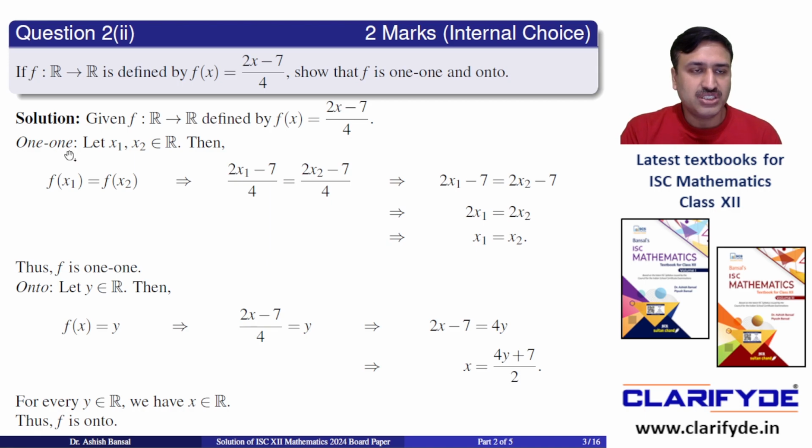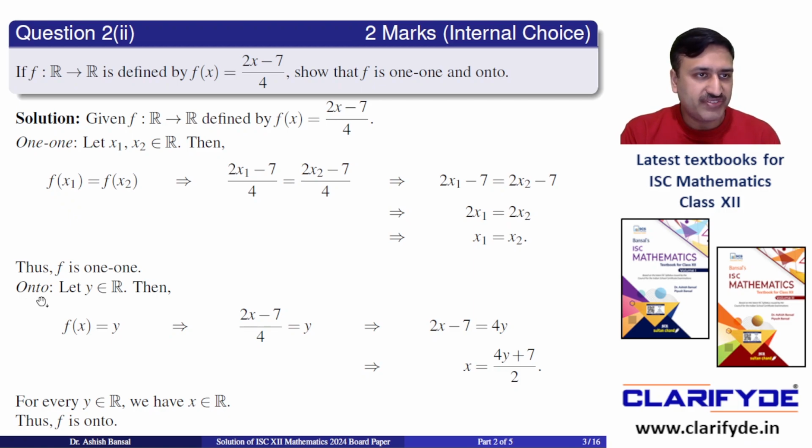Now to show that f is 1-1, let us take two elements x1 and x2 in R. Now f(x1) = f(x2) implies (2x1 - 7)/4 = (2x2 - 7)/4. Upon simplification, we get x1 = x2. This implies f is 1-1.